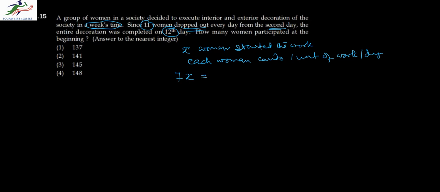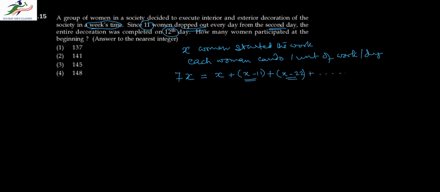Now what is happening is, on the first day X women work, so X amount of work gets done. On the second day X minus 11 women work, so this amount of work gets done. On the third day X minus 22 women work, so this amount of work gets done.